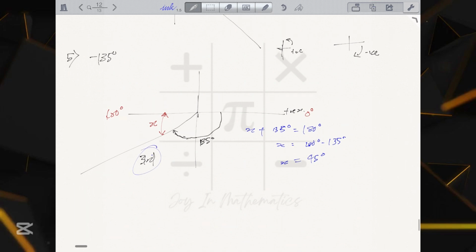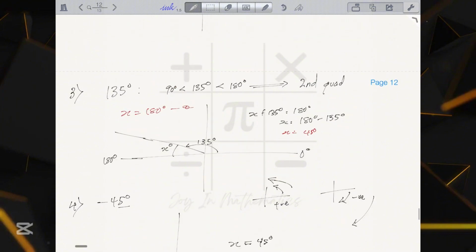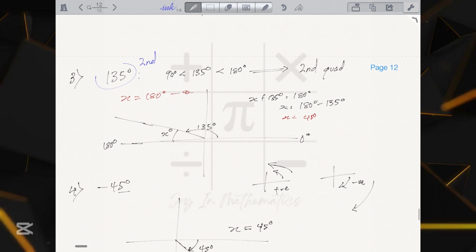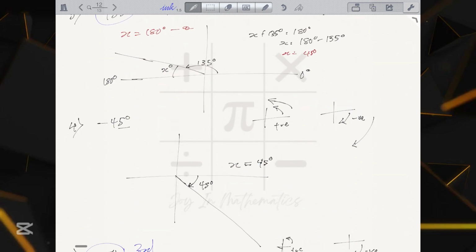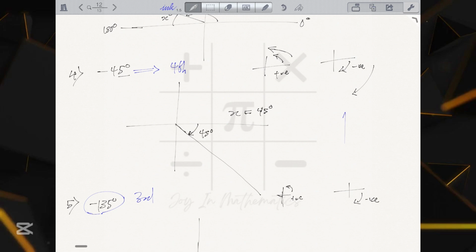Now notice this: minus 135 degrees is in the third quadrant, however 135 degrees is in the second quadrant. Minus 45 degrees is in the fourth quadrant, but 45 degrees in itself is in the first quadrant.